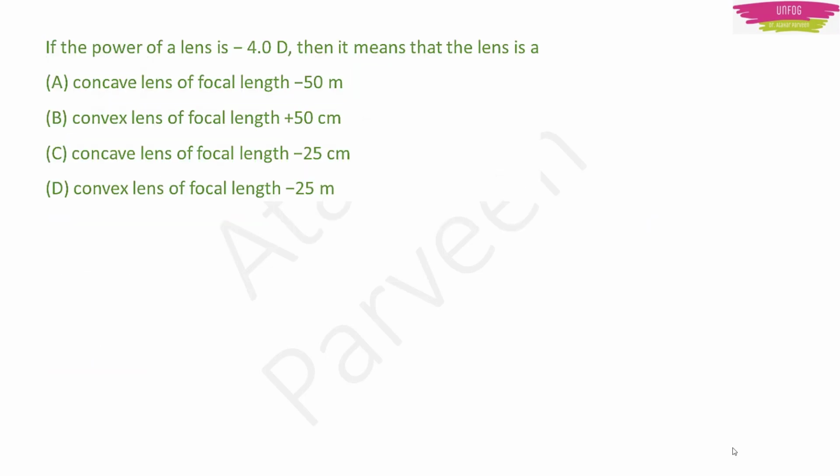Okay, moving on. If the power of a lens is minus 4.0 D or diopter, then it means that the lens is a. So here don't see options, just calculate and then you take the right answer. Whatever answer you are getting, you match with the given options. So what you do here, power is given and there is a negative sign. That's why it should be a concave lens. Then you have power is equal to 1 upon focal length, or focal length will be equal to 1 upon power.